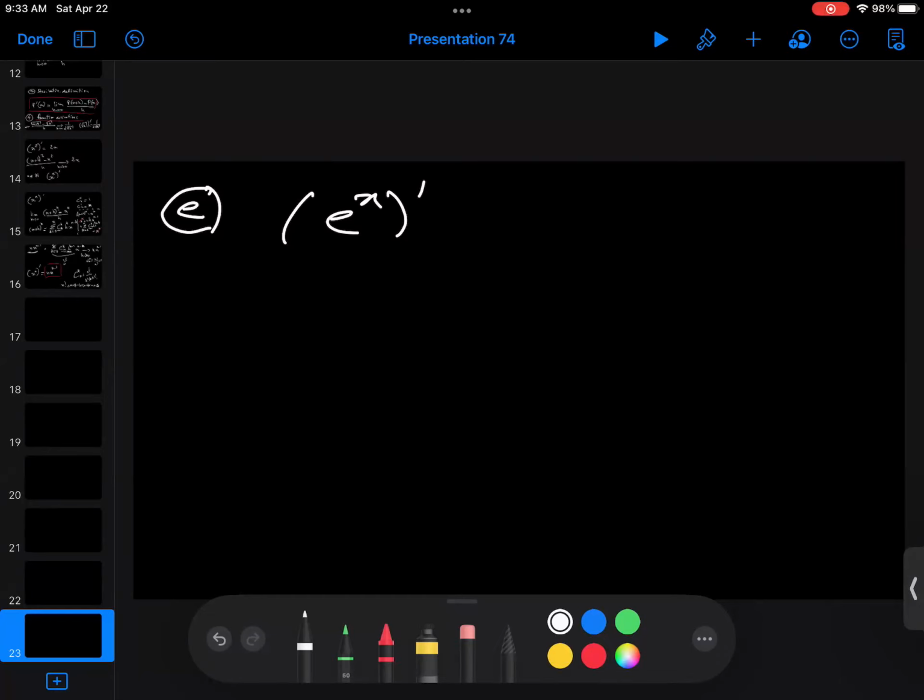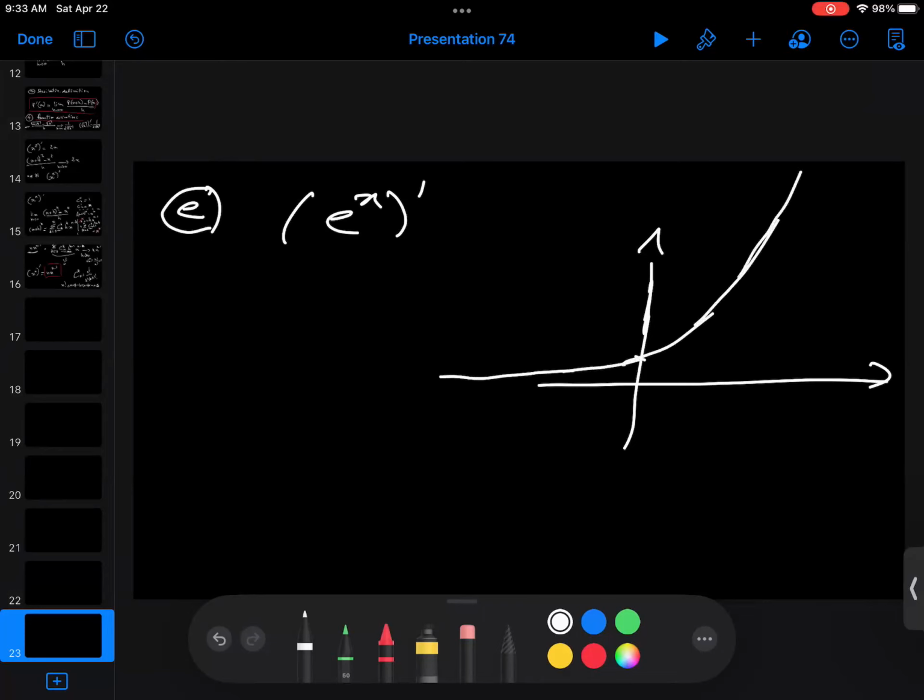And that's true. This is the growth graph of the exponential. The exponential of 0 is 1. At minus infinity it goes to 0, and it grows very fast.